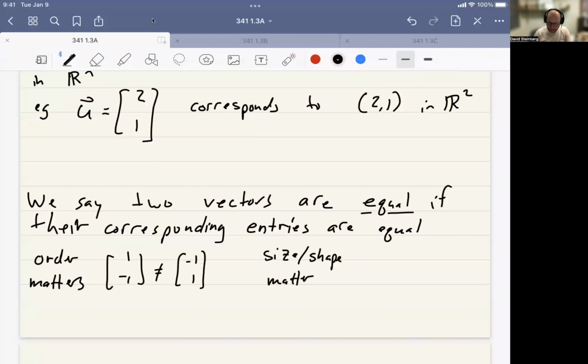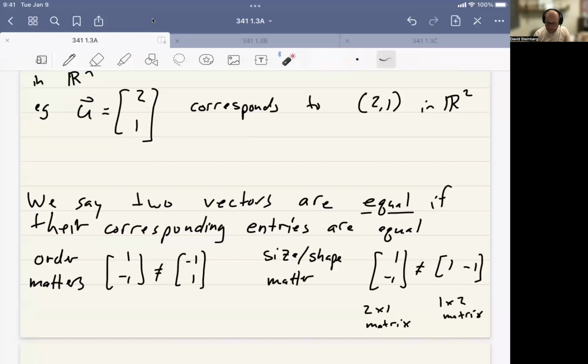So here we're talking about 1, -1. The column vector is not equal to the row vector 1, -1. Right? This is a 2 by 1 matrix. Technically, this is a 1 by 2 matrix. This isn't a matrix at all. This is an ordered pair.